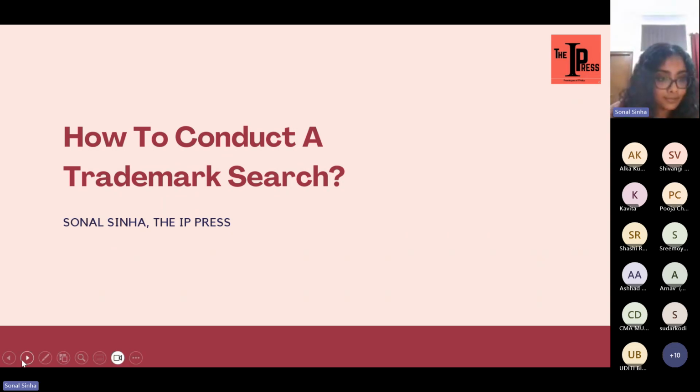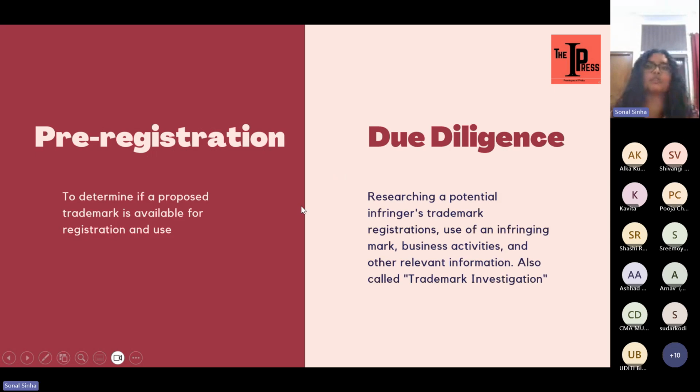So now let's begin. What is a trademark search? Whenever a client comes to you and they have a proposed mark, a word that they want to register. Before proceeding, I am assuming that all of you have a basic idea of what a trademark is.